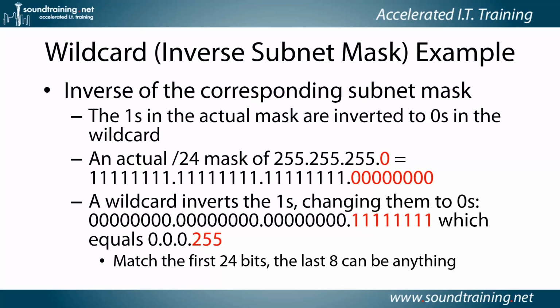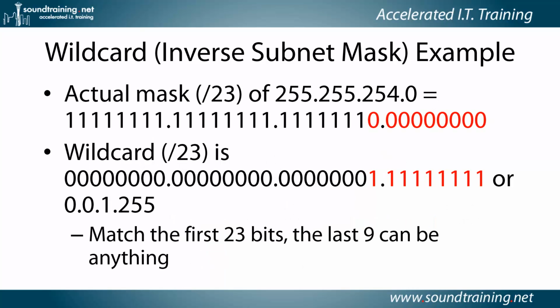Well, a wildcard inverts it. They invert the ones, changing them to zeros, and that ends up with 24 zeros followed by 8 ones, and if you do the math, that equals 0.0.0.255. And that tells the router to match the first 24 bits. The last 8 could be anything.